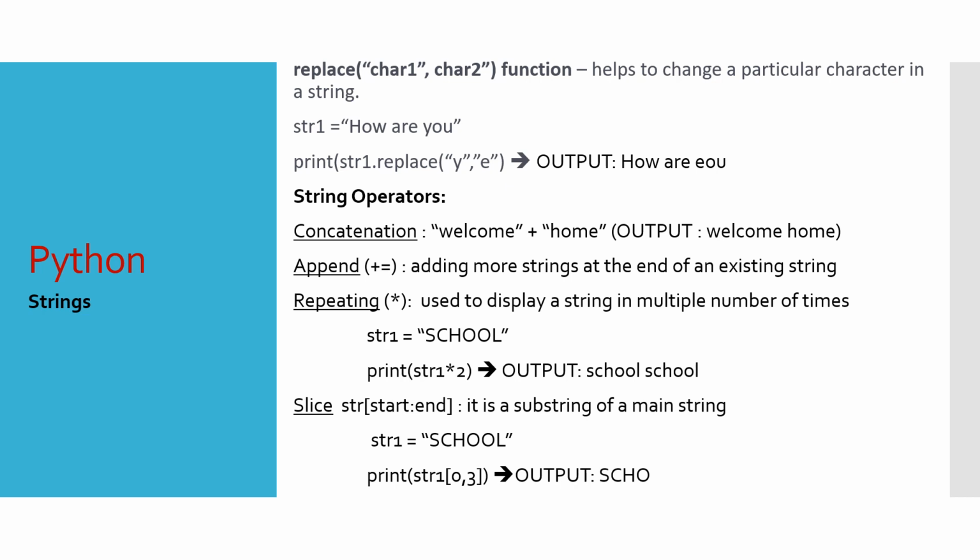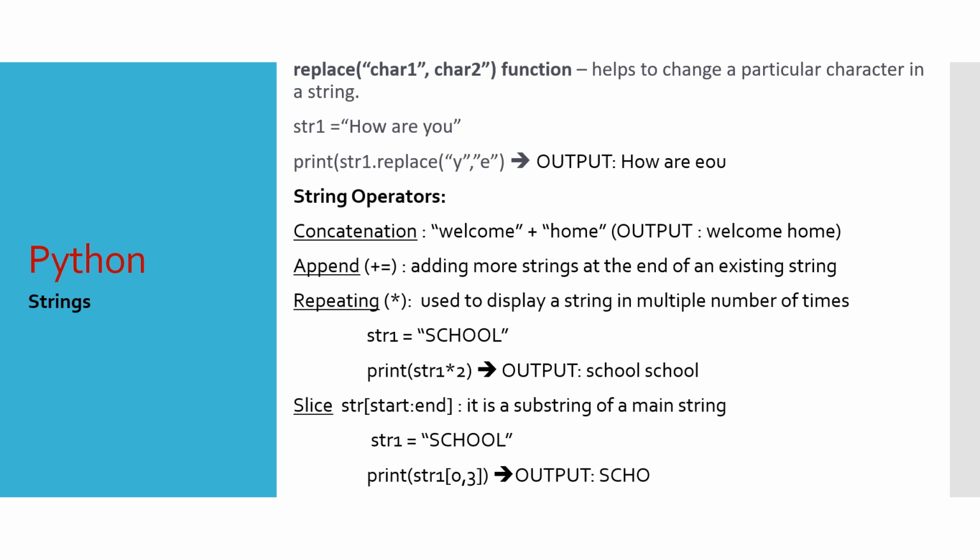You can also replace characters in a string. If you want to change a particular character, you can replace Y by E in "how are you", and you can see the result is "how are EOU". So the letter Y has been replaced by E. That's another type of string function.